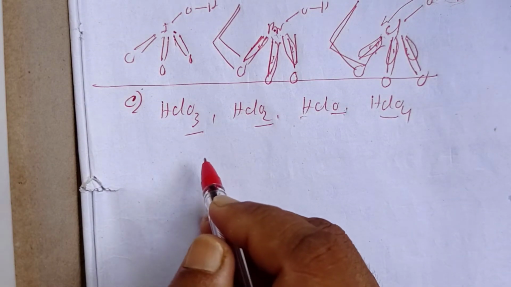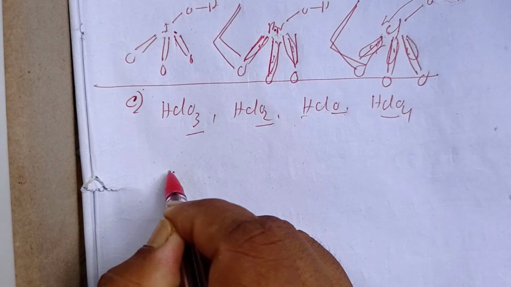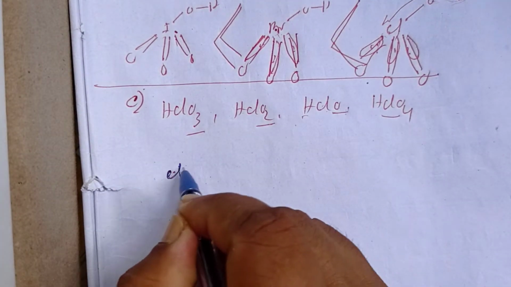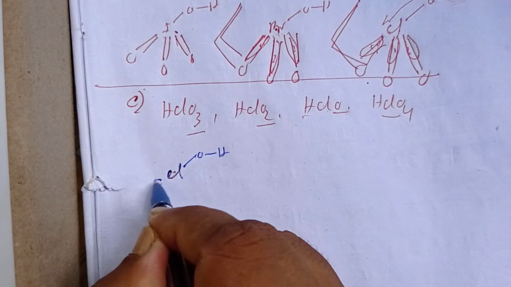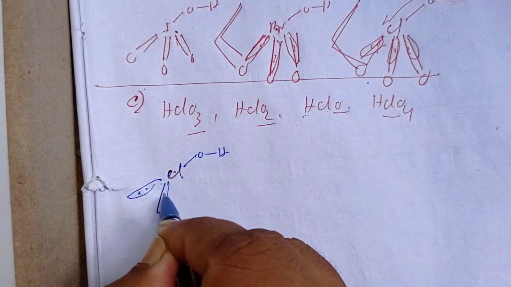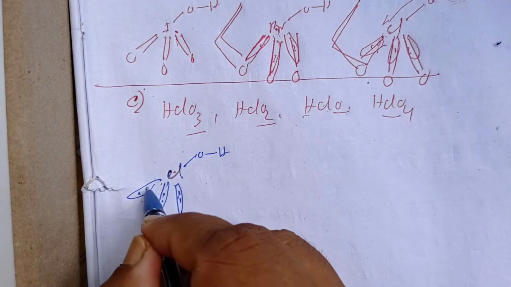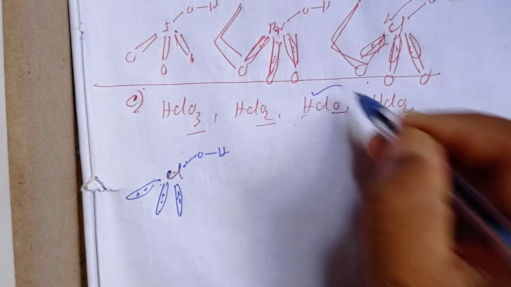If we find the oxidation state from the structure, Cl is this one, then oxygen, hydrogen, with one lone pair, two lone pairs, three lone pairs, because chlorine has seven valence electrons: 1, 2, 3, 4, 5, 6, here 7. This structure is for this one.